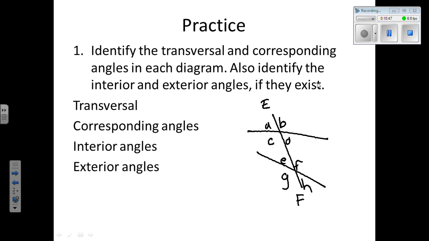So my transversal is the line E and F. My corresponding angles are B and F, D and H, A and E, and C and G.